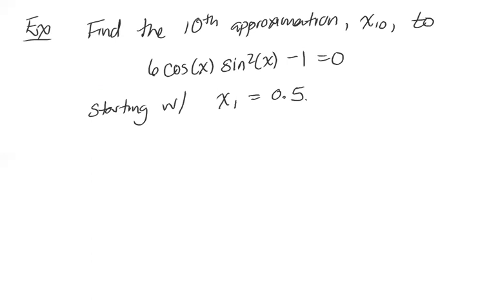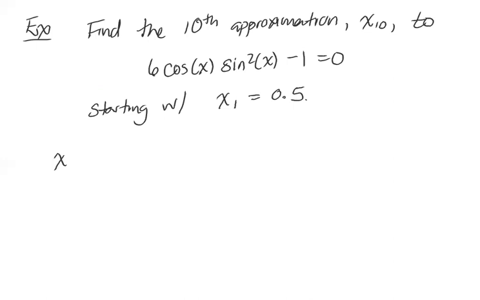And if I had to do this 10 times, it would be a little bit of trouble. But Excel can actually help us out quite a bit here in finding solutions. So let's first of all start by saying, well, what does the form of an xn term look like?